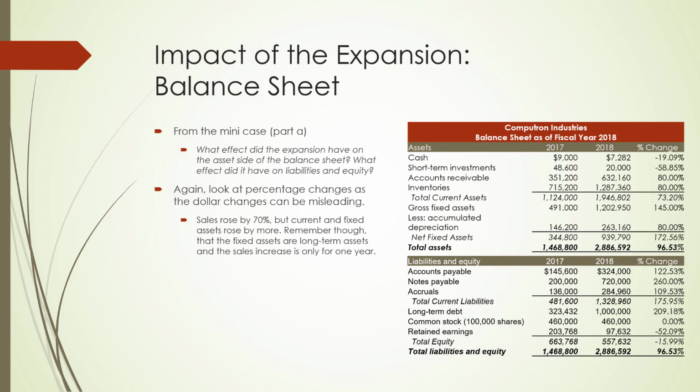So we see that accounts payable and notes payable went up by a lot, more than doubled, and long-term debt went up by 200%, and common stock didn't change at all. So we can tell then that the firm paid for this expansion by issuing a lot of debt. Retained earnings, which is part of equity, went down, but that went down because of the decline in net income.